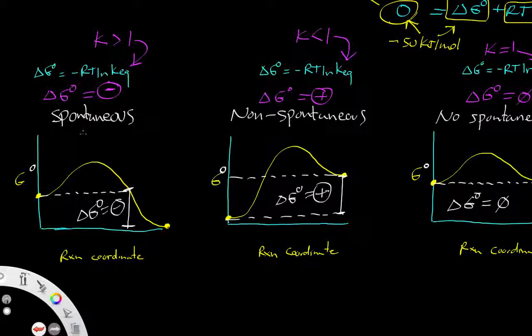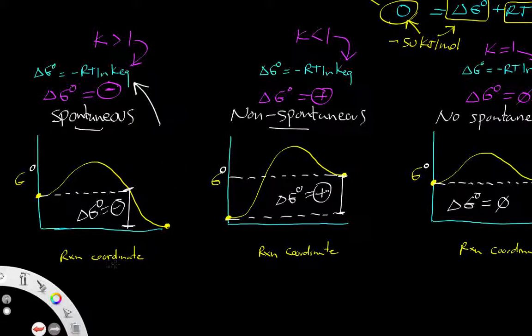In these two instances, we're definitely not going to have a thermodynamic equilibrium because our delta G values do not equal 0. However, we do have a kinetic equilibrium because we're using these KEQs, and that's an indication of a kinetic equilibrium.